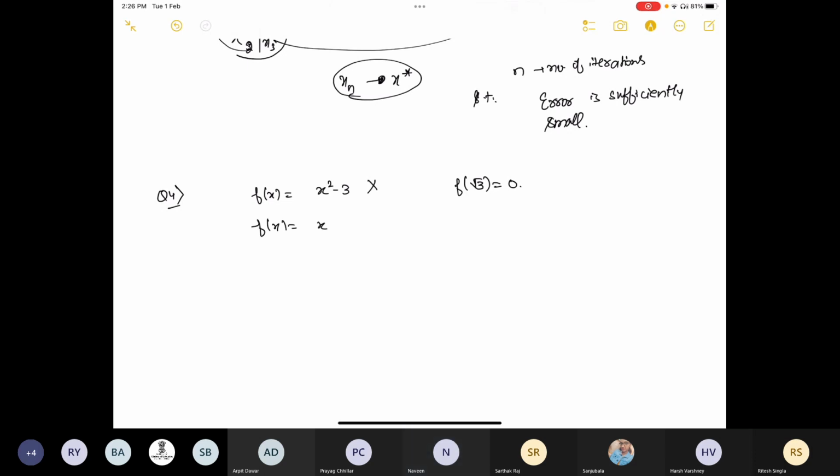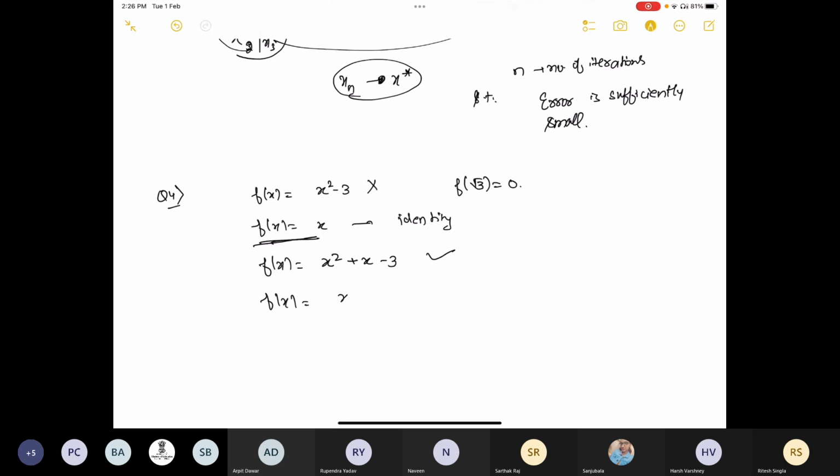It is the identity function. It will surely work, but it has plenty of fixed points, and we want convergence at root 3. We are close. What about f(x) equal to x squared plus x minus 3? This function can work.